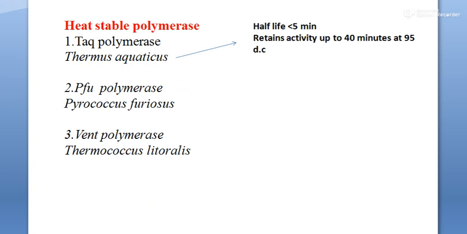That is a very high temperature. At these high temperatures, it is very tough for our enzymes to remain stable. But the Taq polymerase retains its activity up to 40 minutes in these conditions, that means at 95 degrees centigrade. So that's why it is so popular and preferably used for PCR techniques.